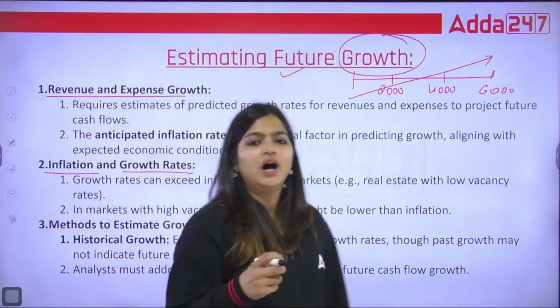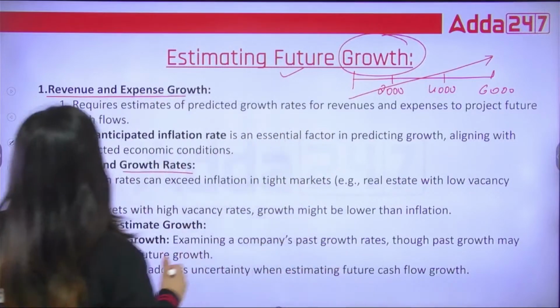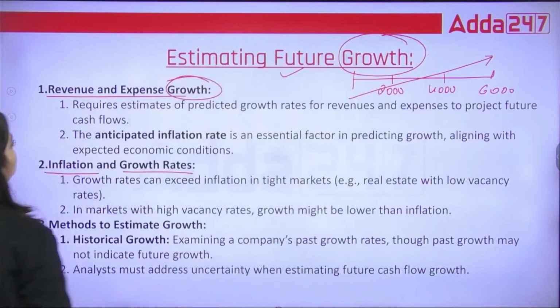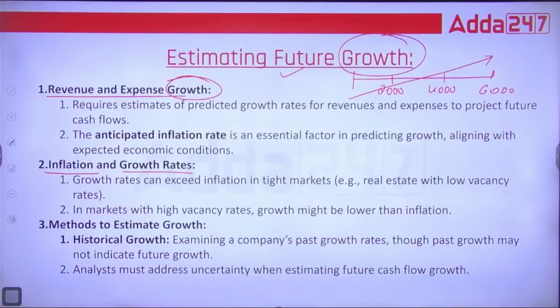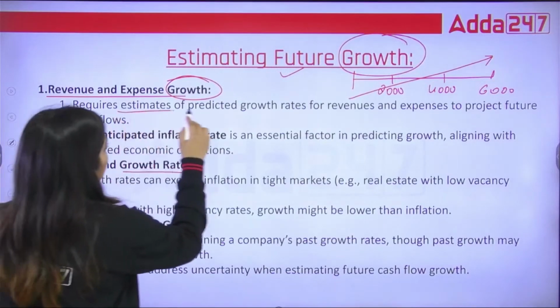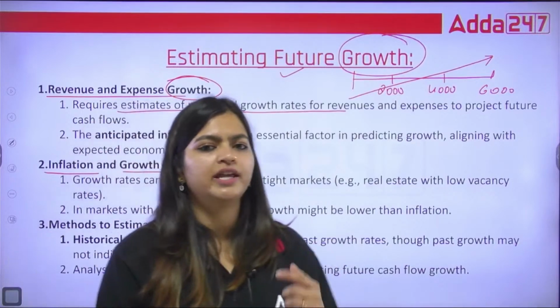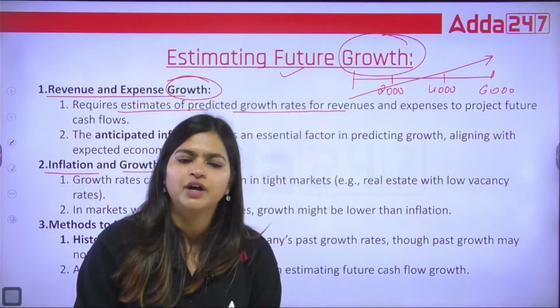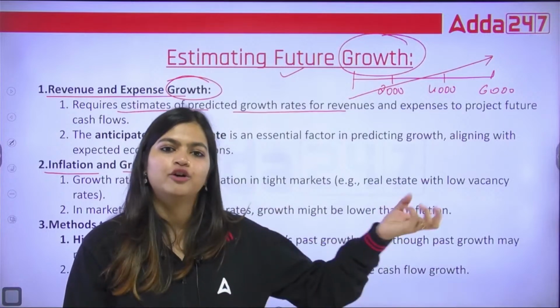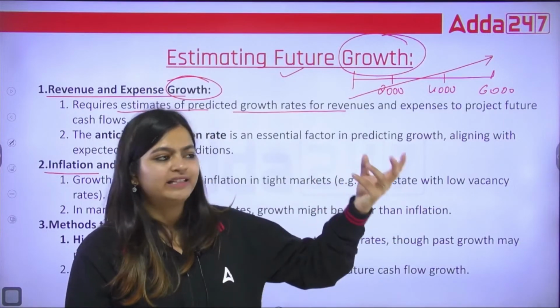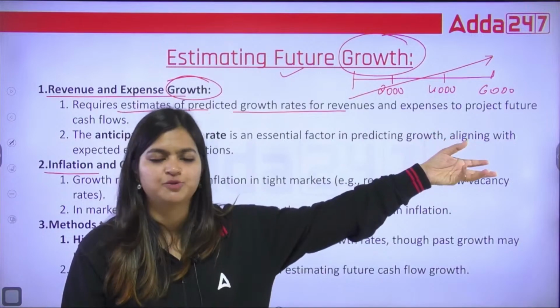The first thing is that you can understand the growth with the help of revenue and expenses. Whatever estimates you require for the revenues, whatever revenues you think you will be earning after the sale of this particular unit, like 10,000, 2,000, whatever amounts you are expecting.